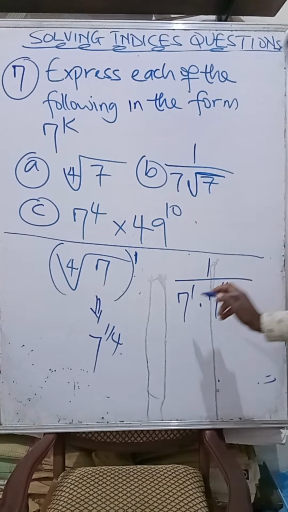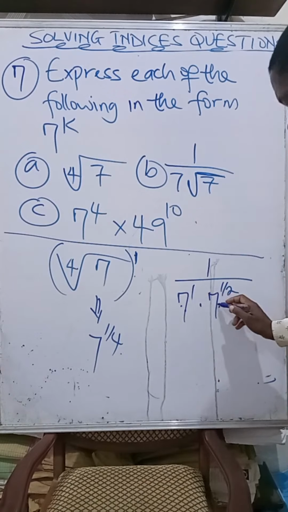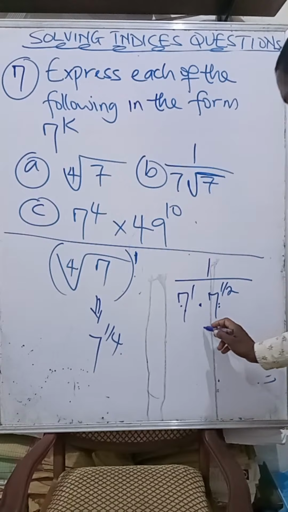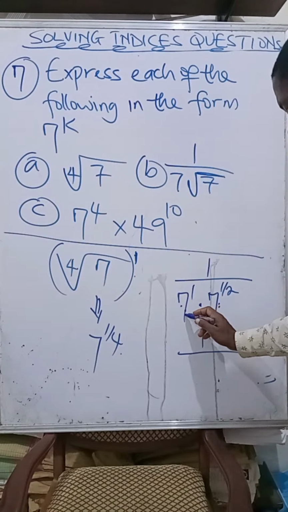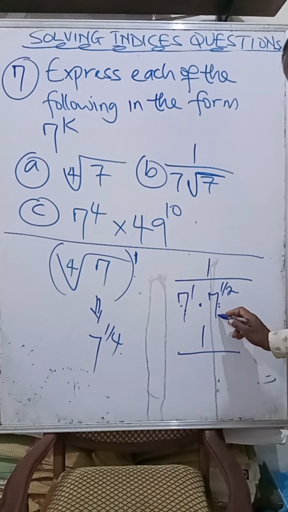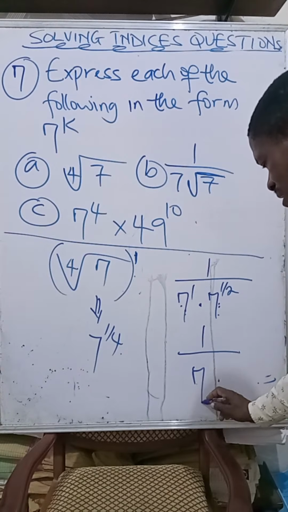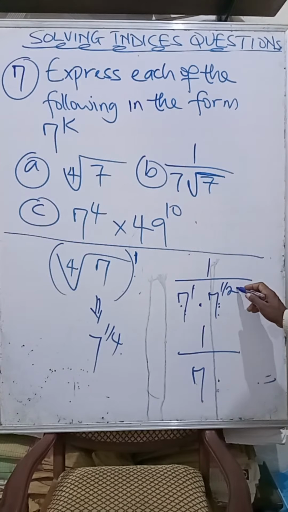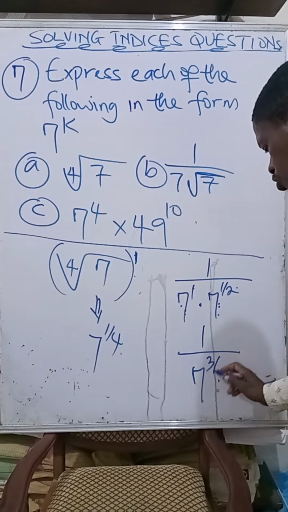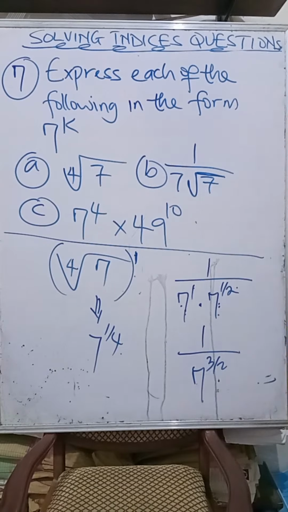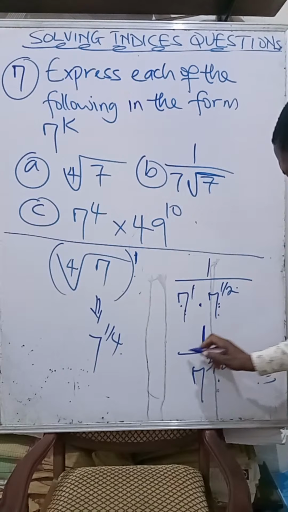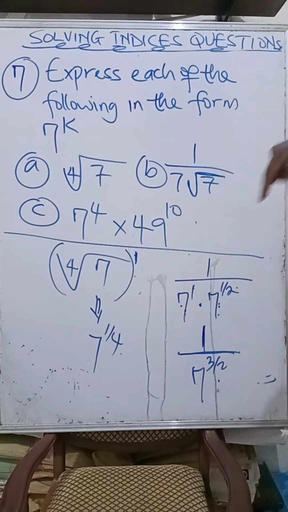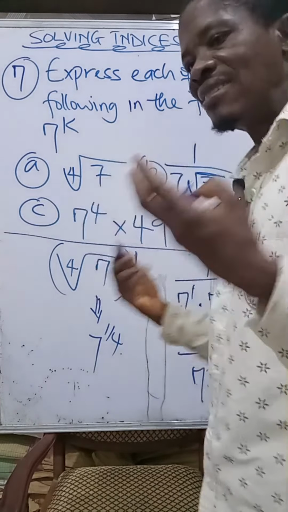Then we can combine these two together. This is multiplication, so this will be 1 over 7, the base is 7 here. Take one of the bases, and add the exponents: 1 plus half is 3 over 2. And we are told to make it in this form, so this 1 over needs to be removed.